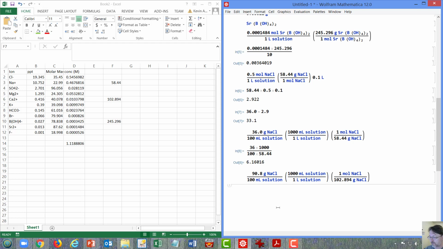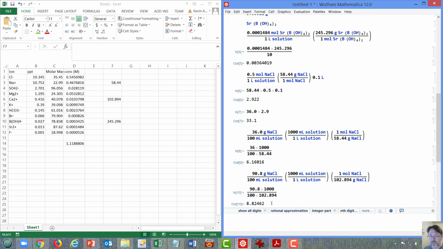So we have 90.8 times 1,000 in the numerator. In the denominator, 102.894, and plug it into your calculator, and we have this concentration.